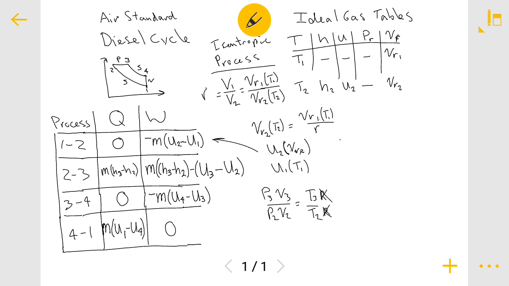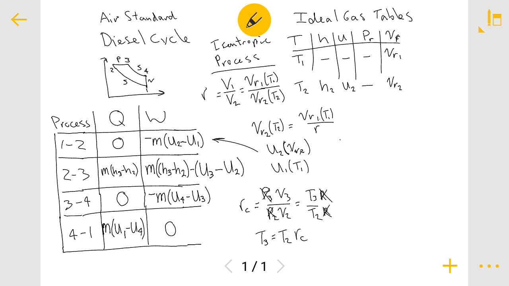And then the pressure also cancels because P2 equals P3. And this V3 over V2 is what we call RC. So just like the cold air standard, we get the same relationship. There's nothing about constant specific heats for this relationship. So it's only the isentropic process that was affected, with it being air standard or cold air standard.